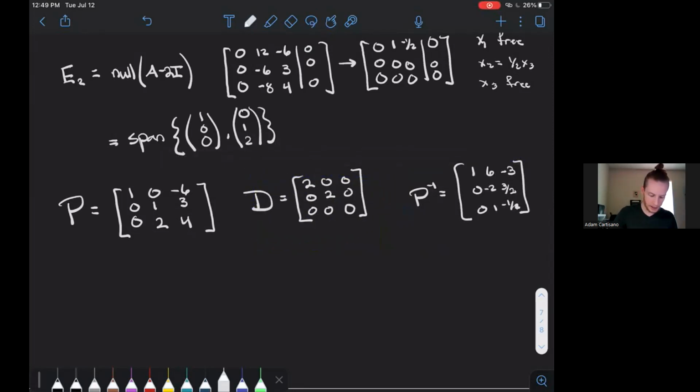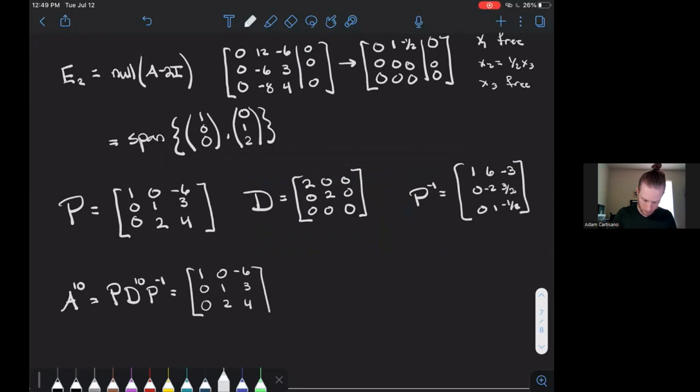Okay, so now A to the 10th is P D to the 10th P inverse, which we now have matrices P, D, and P inverse. So this is 1, 0, 0, 0, 1, 2, negative 6, 3, 4 times D to the 10th, let me just write that down: 1024, 0, 0, 0, 1024, 0, 0, 0, 0.